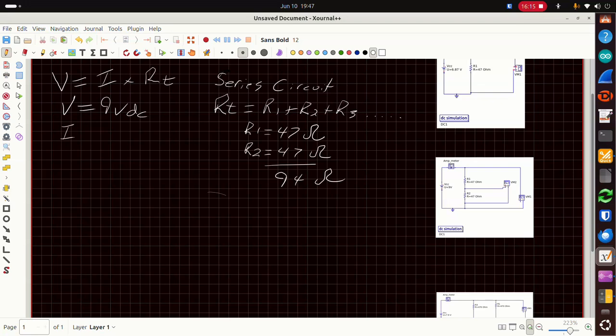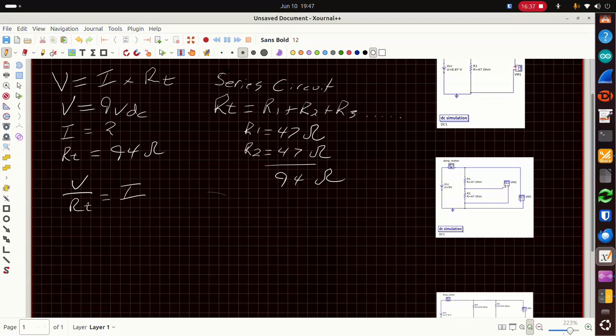And if we just do the math, 47 plus 47, 14, 8, 9, so a total of 94 ohms. So now we have our total resistance. And so in this case, V equals 9 volts, and that's DC.